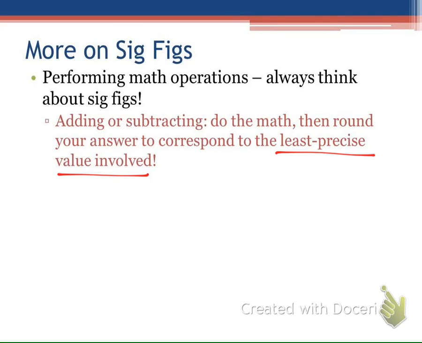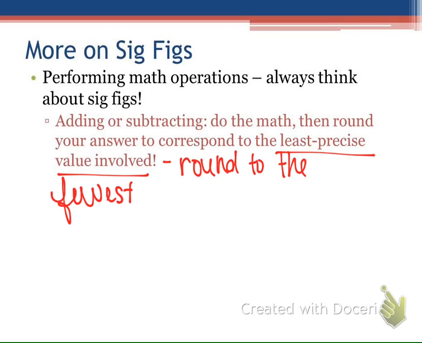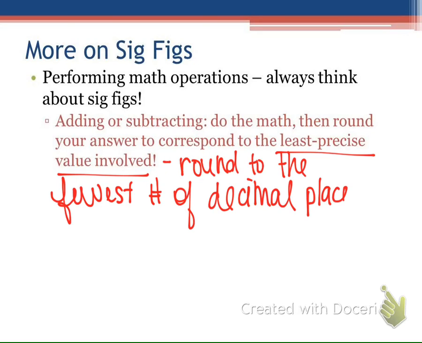What this means is that you round to the fewest number of decimal places given.